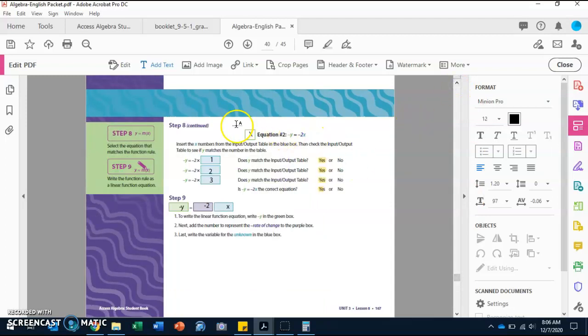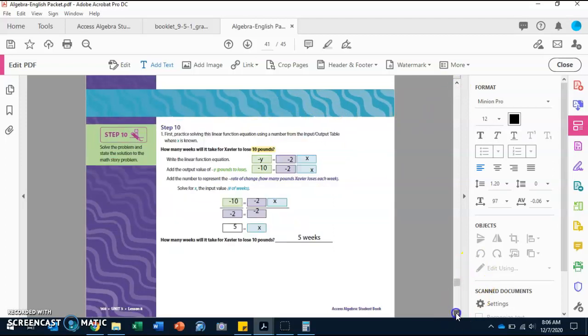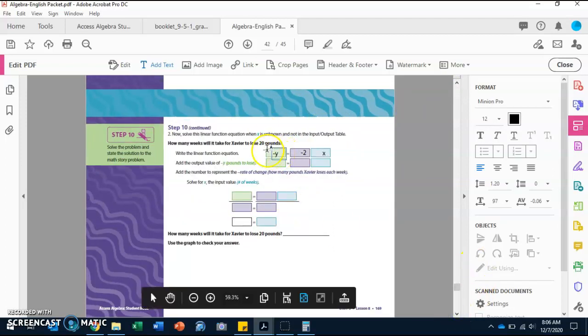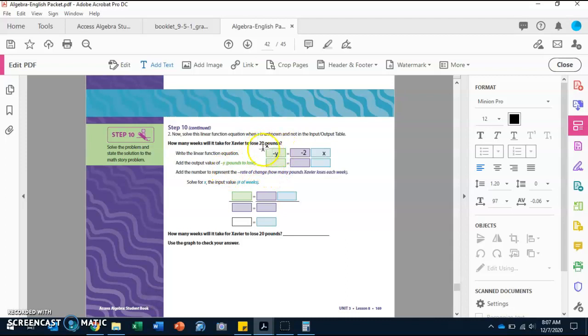We're still using the same equation that we chose was correct. Now we're just going to do the same thing that we did over there. We're going to substitute the y for the pounds that he lost. So here, it's 20 pounds. Remember, if it has a negative over here, we're going to bring down the negative as well. So negative, and how many pounds are we looking for? 20.